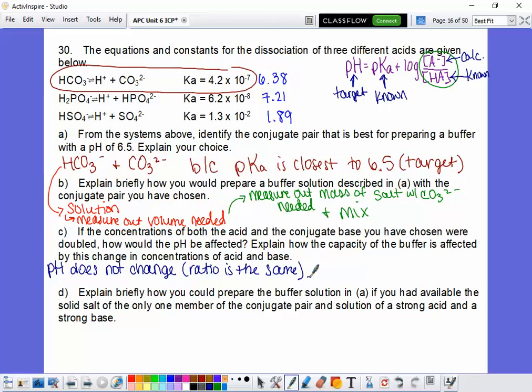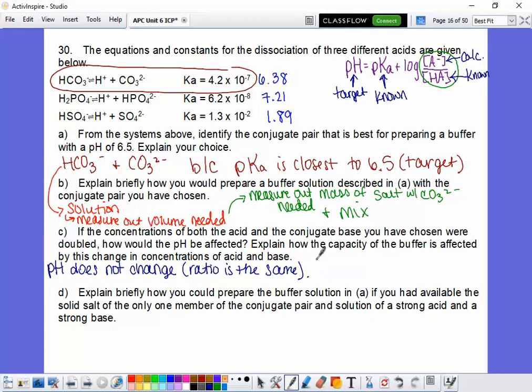So if we double the concentrations, what effect will that have on the buffering capacity? Why? Exactly. It should increase the buffering capacity because now you have more of those components available to neutralize your strong acid or strong base that's doing the invasion.